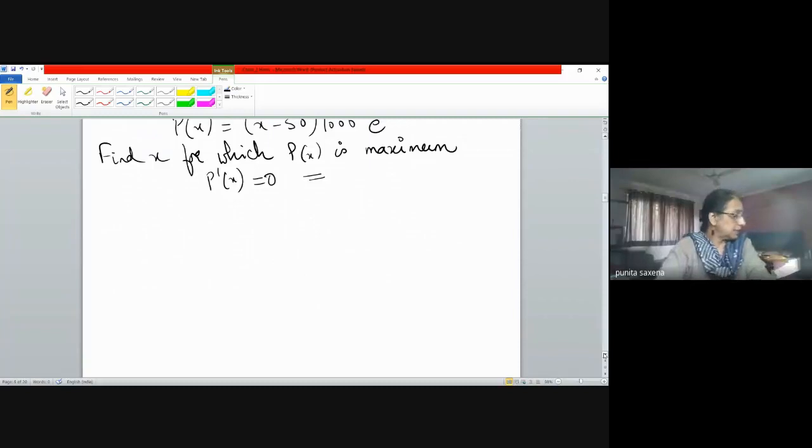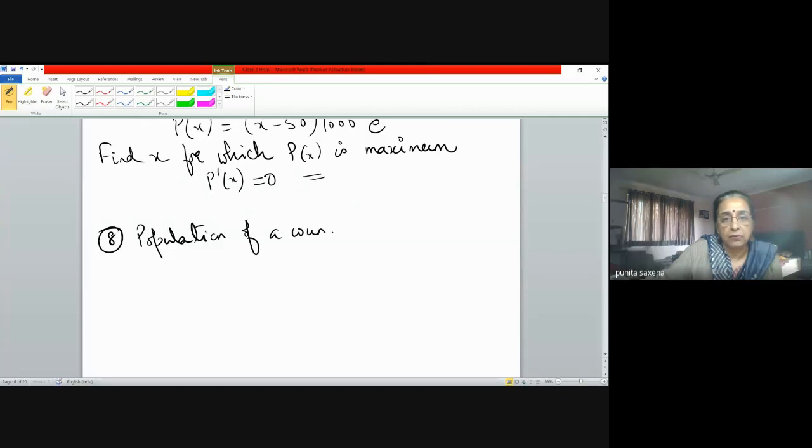Okay, let's see, like for example, हाँ, ये ले लो. Question number 8. This is regarding the population, जो मैंने second example दिया था. It says that it is estimated that t years from now, the population of a country, okay, so we are talking of population of a country now, okay.